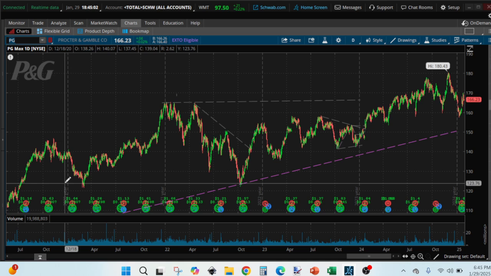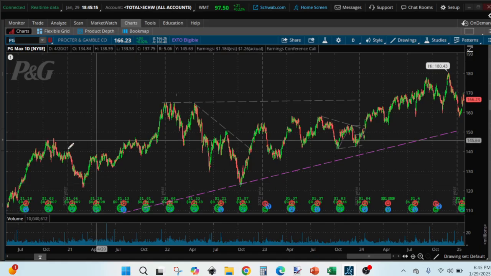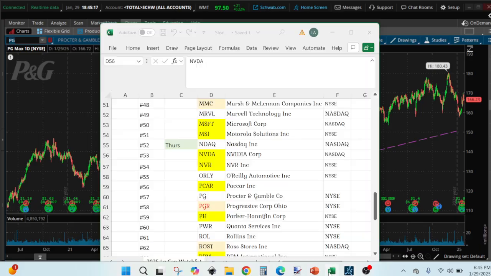So we have our large cap stocks, and I think we started with about 200 or so and narrowed it down to about 100 or so, and we created our watch list of those.